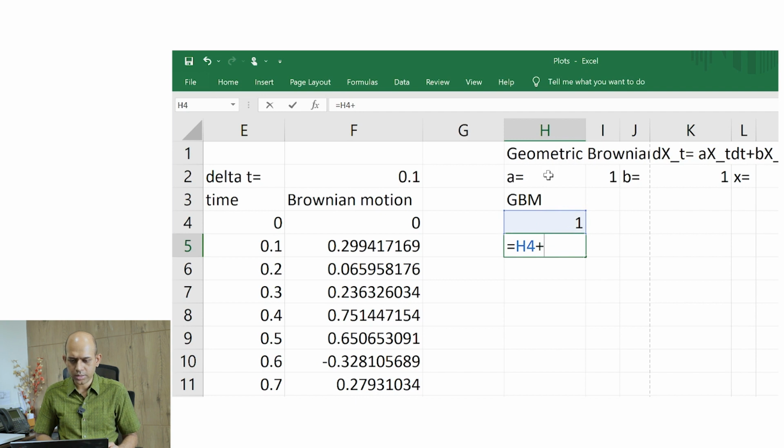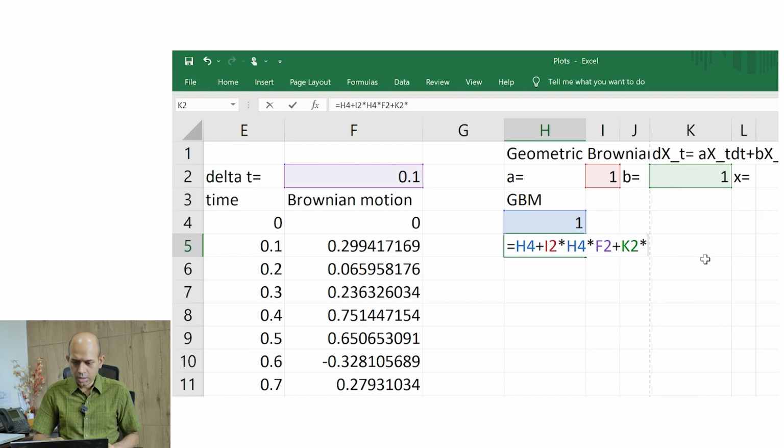The increment part is a times Xt, where Xt is the initial value here, times dt, which is 0.1. Now plus b times Xt, and then we need to multiply the increment of Brownian motion.